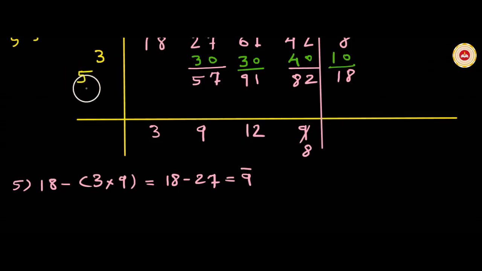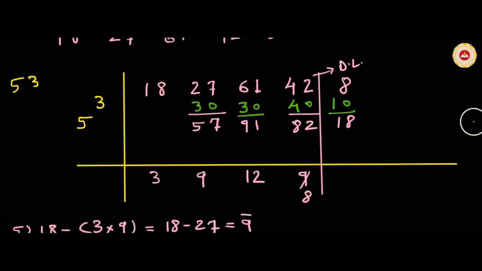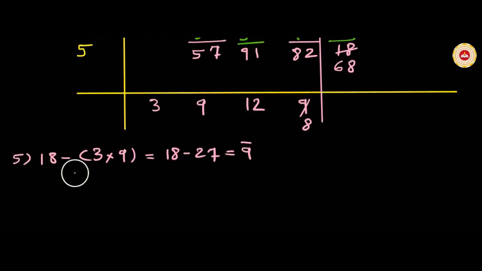By the value of divisor, that means in place of this 1 we will have to write 6, because 1 plus 5 is 6, and this 18 will become 68. Correct? Now this 68 is gross dividend.